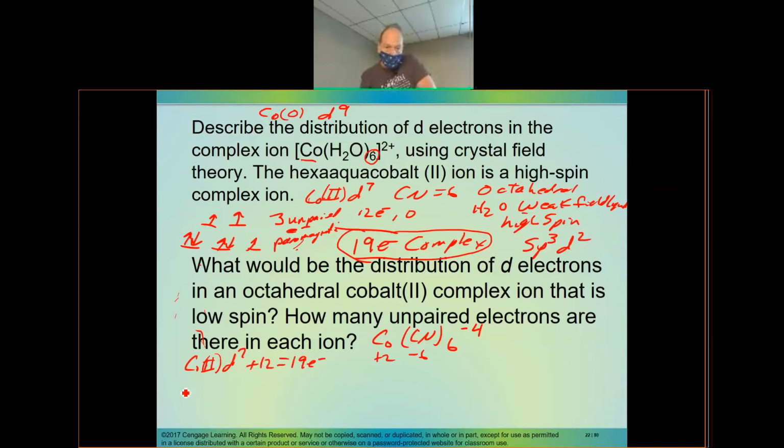Now we have our octahedral splitting pattern, except our CN is strong field, and we're going to have a low spin complex. So now when we put in our 7 electrons, 1, 2, 3, it is low spin, 4, 5, 6, and 7.